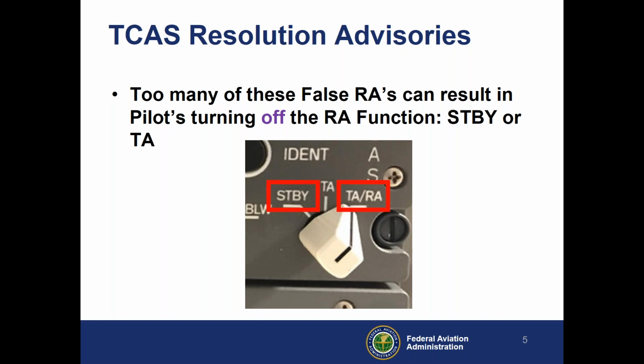They won't get the RAs, although they're expected to keep the system in the TA/RA mode. There was a study that found that too many false targets can result in pilots deselecting that mode.